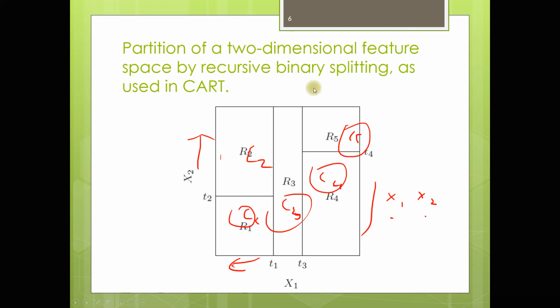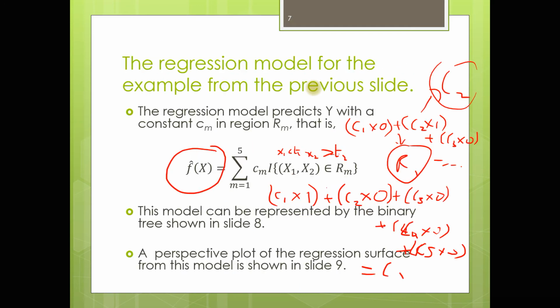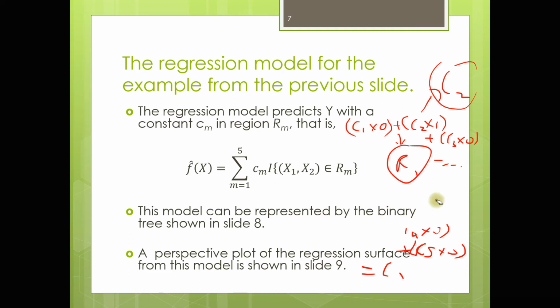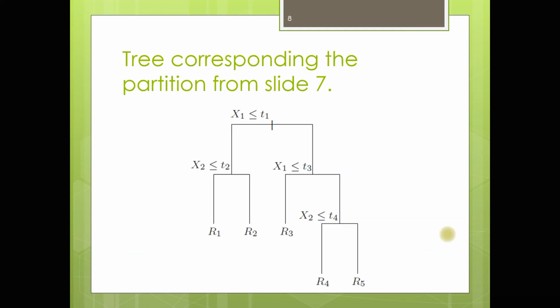Also, you will need to understand that these different regions relate to the terminal nodes. So, for example, in this example, we are referring to 5 terminal nodes based on the decision tree that I drew earlier for you. So this is what I've drawn for you. I'm going to skip that. You already understood that.